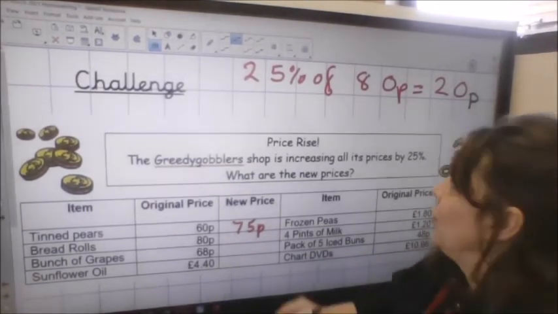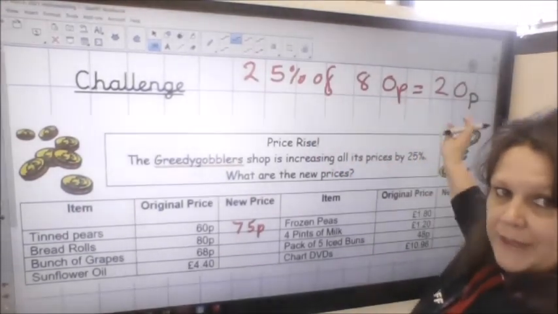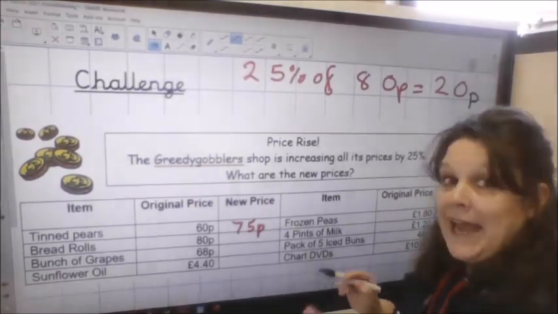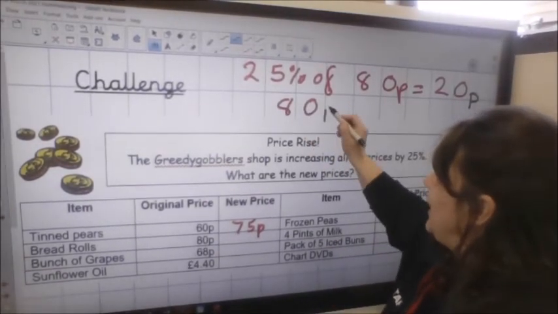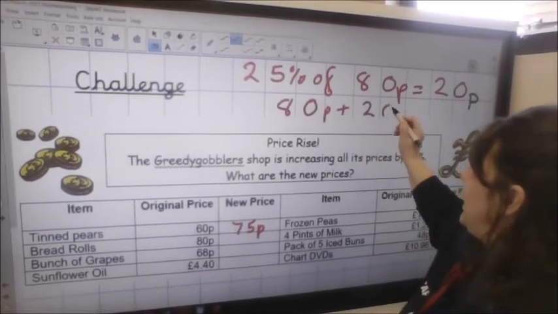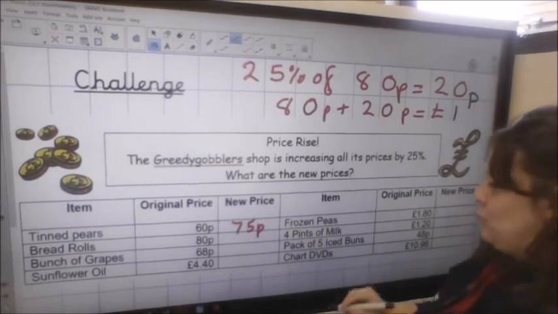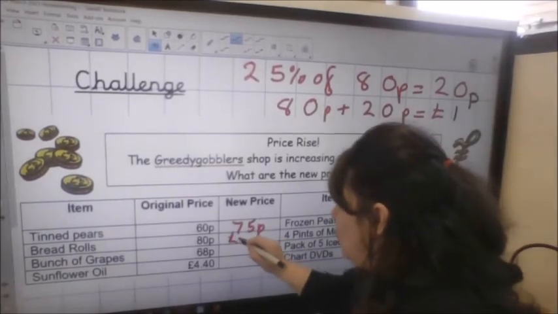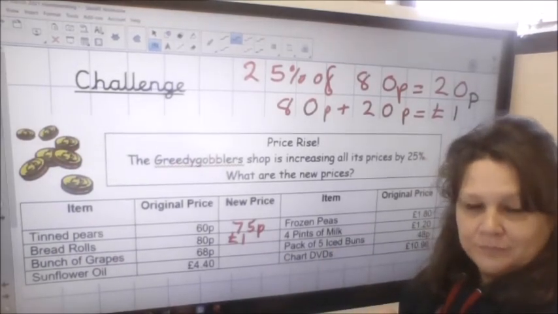Yeah, 80 divided by 4 is 20. So I now need to add 80p plus 20p equals £1. So the new price for the bread rolls is £1.